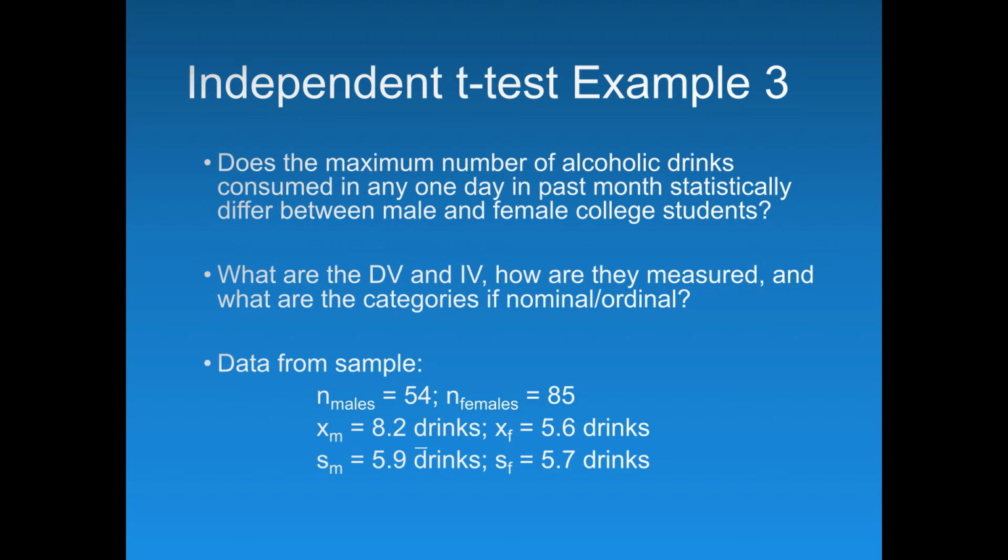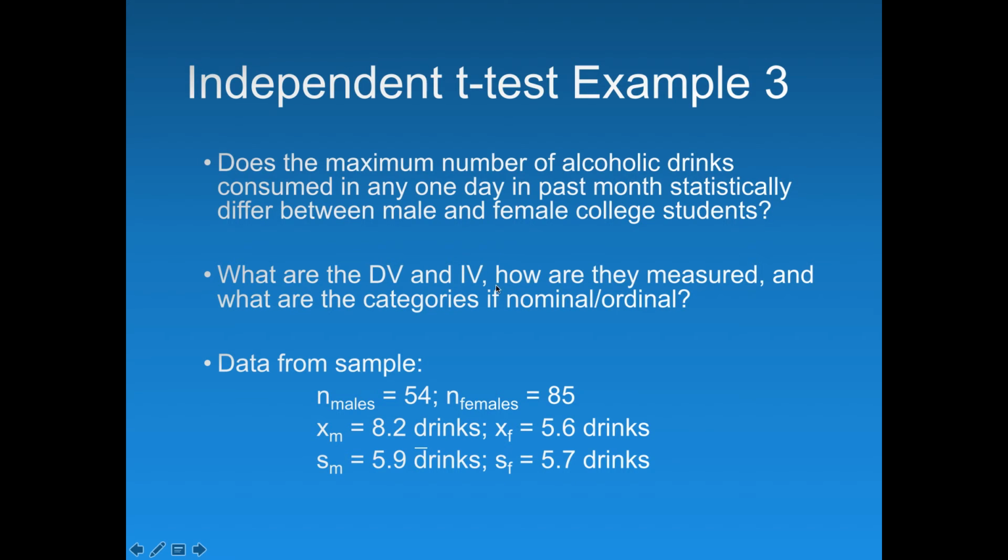We know it's measured continuously. The number of alcoholic drinks. So, since that can be measured on a scale of 0 to, I don't really want to know how many, a lot. We'll say 10 because I'm going to be not generous. That's a scale, so that's continuous, so that's our DV.